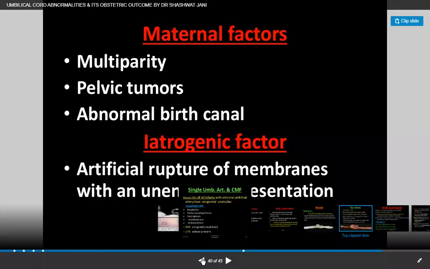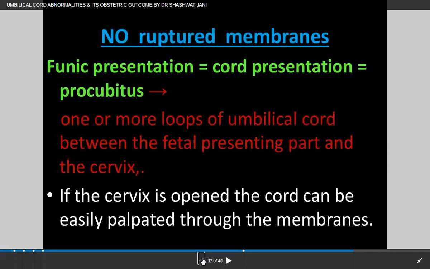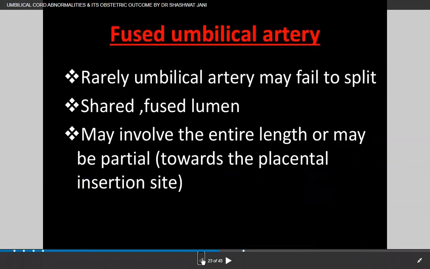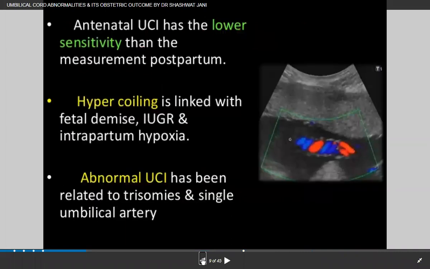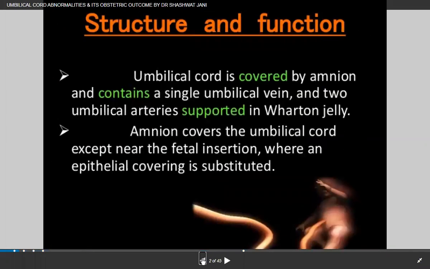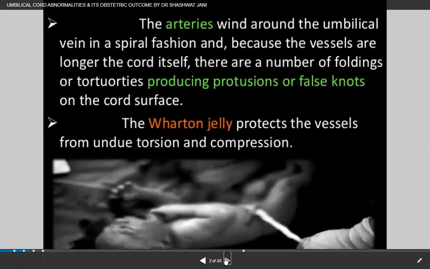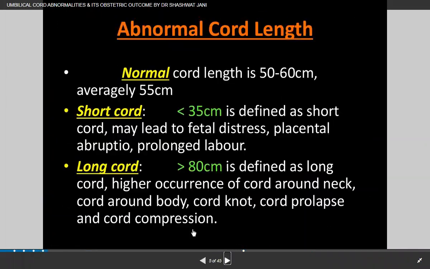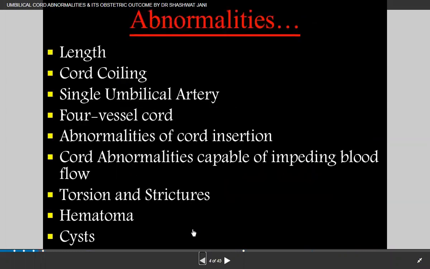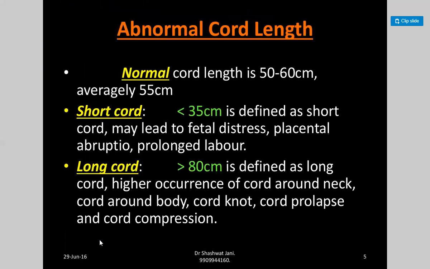This is just a short revision: length, cord, attachment, knot, and content-wise. Abnormalities from the length, cord, content-wise or sometimes cord vessels, then cord insertion-wise abnormalities, then blood flow-wise torsion, stricture, hematoma, and cyst. And lastly, how it is in the twins. So abnormally short and long.